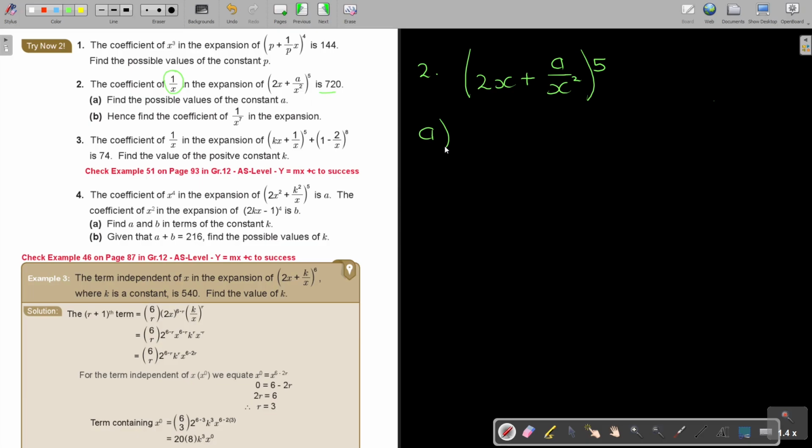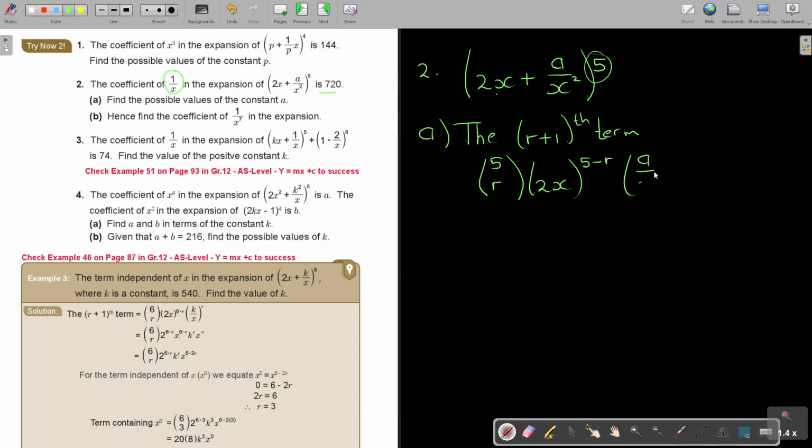Okay, now again, always start by first finding the r plus 1 term. Okay, so I'm just going to write it rather here. So it's going to be 5 nCr, and I keep it open, r. Then I take the first term, and top minus bottom. And I take the second term and just the bottom.